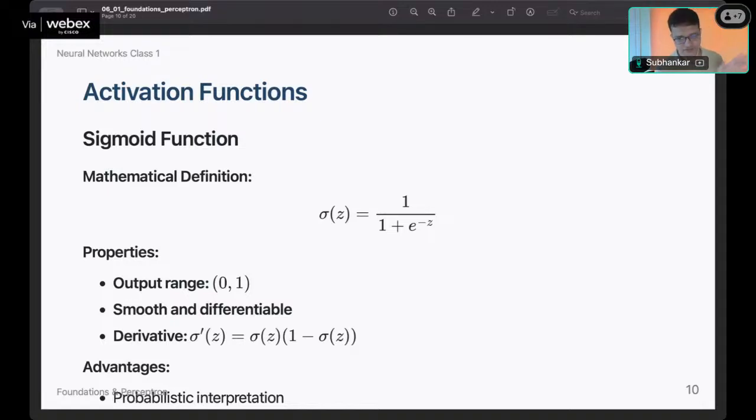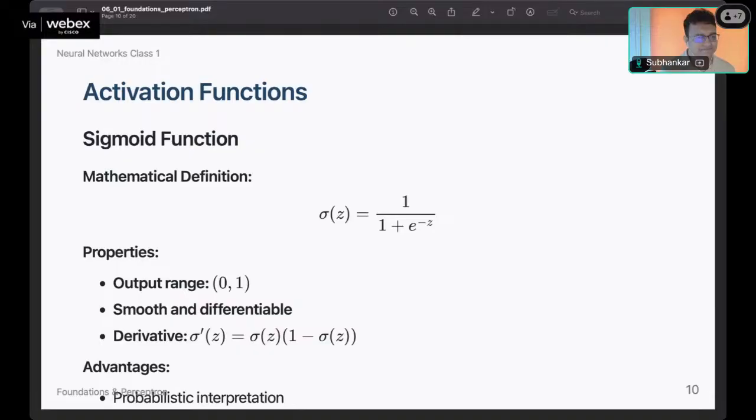Probably exact definitions will differ as we go. And of course, this is smooth and differentiable. We saw in logistic regression, you can use gradient descent to find the parameters, basically to find W and B, if the activation function is the sigmoid function.